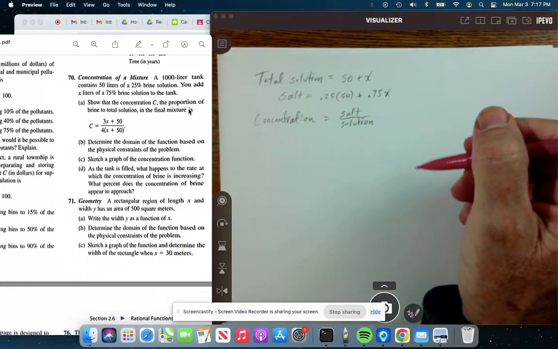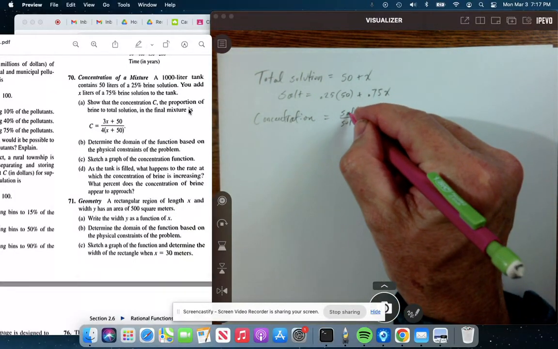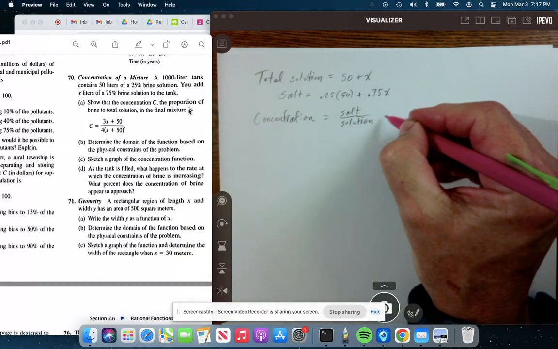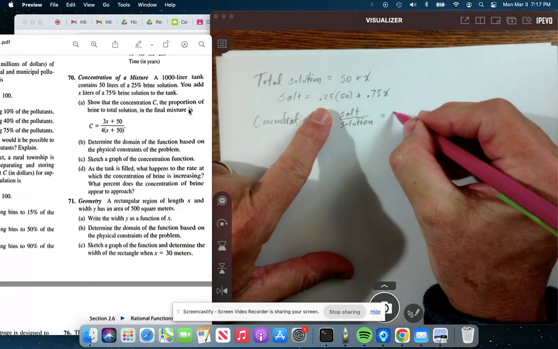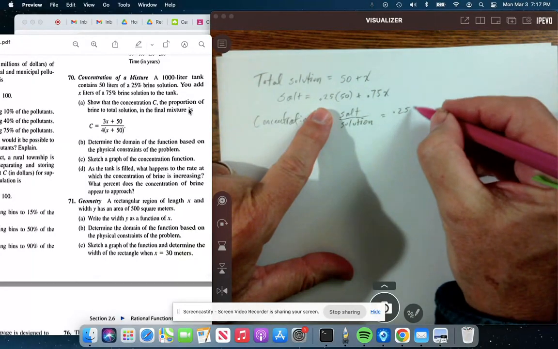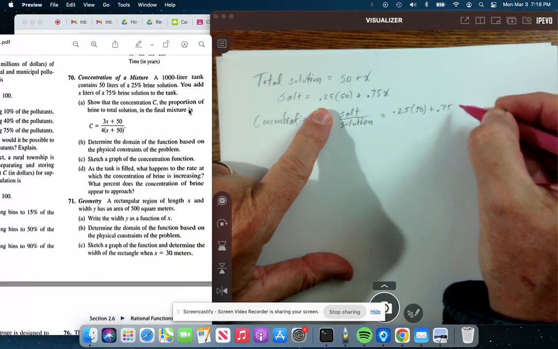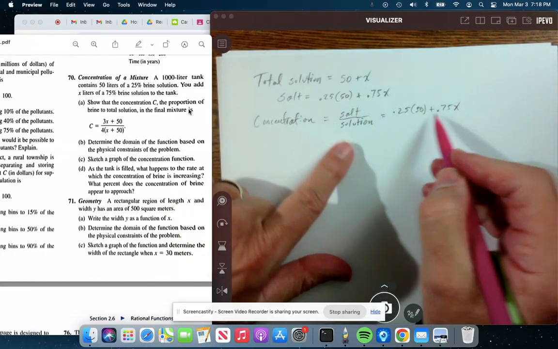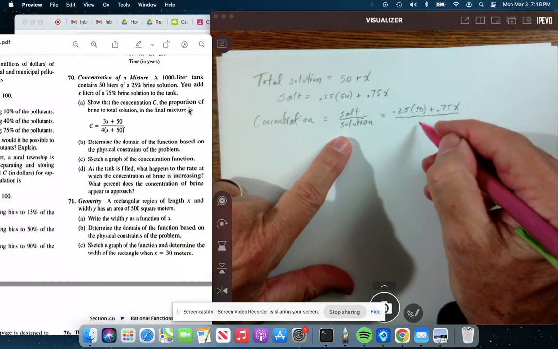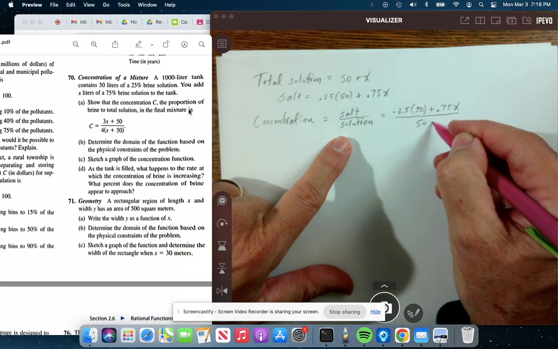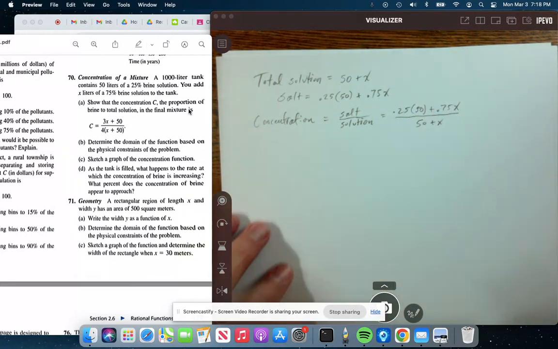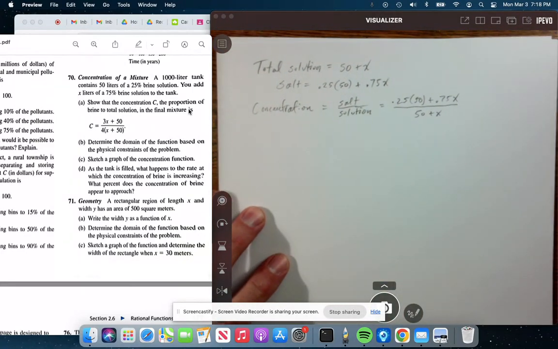Does that make sense? So just a ratio. That would be 0.25 times 50 plus 0.75x divided by the solution, which is 50 plus x. All right, and then from that we should be able to get to here.